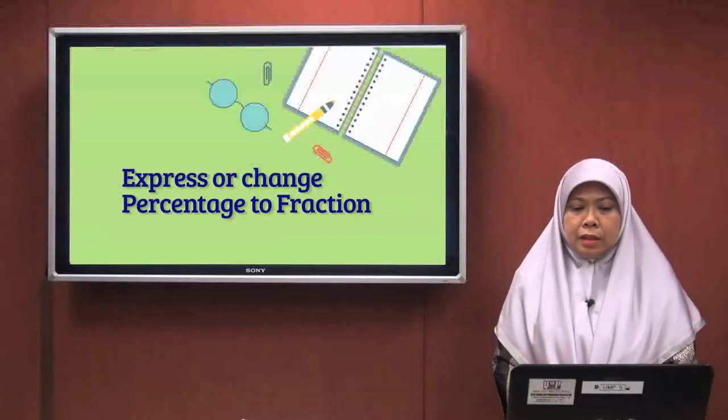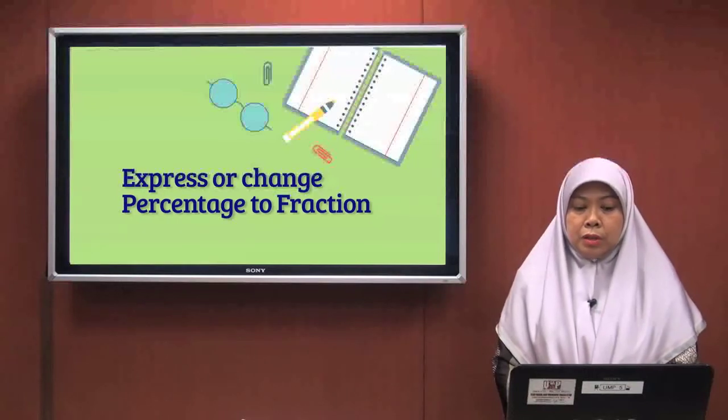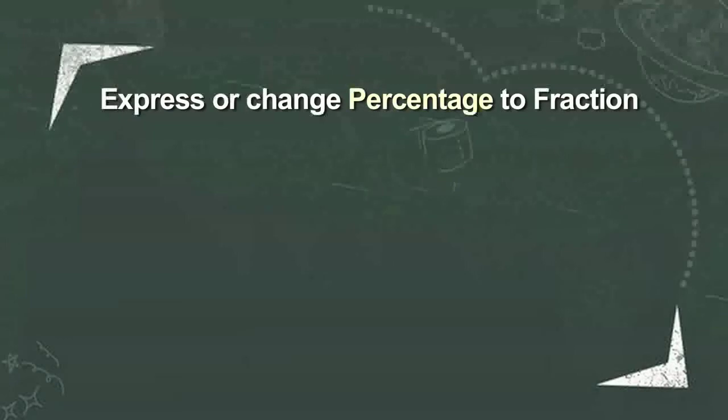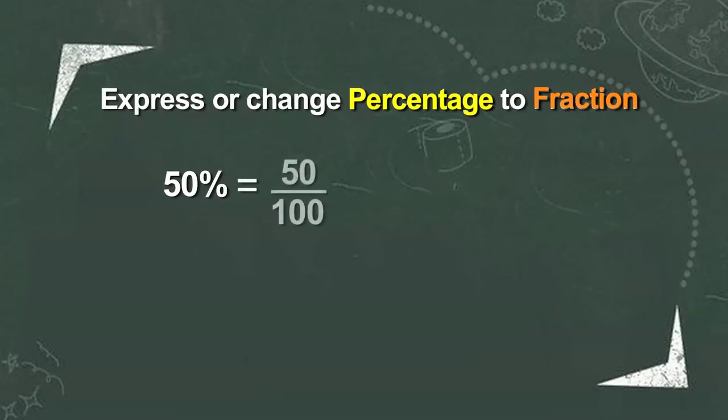Next we're going to express or change percentage to fraction. For example, 50%. As you remember, a percentage is a fraction of 100. So we will write 50% as denominator 100 with 50 in numerator.